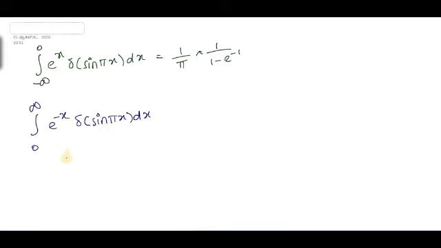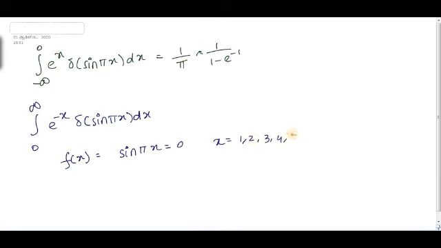Here again we take f of x equal to sine pi x equal to 0, and the possible values of x are 1, 2, 3, 4, 5 and so on. Here we should not take 0 because we have taken that 0 already.